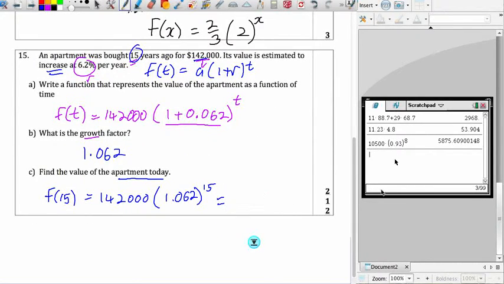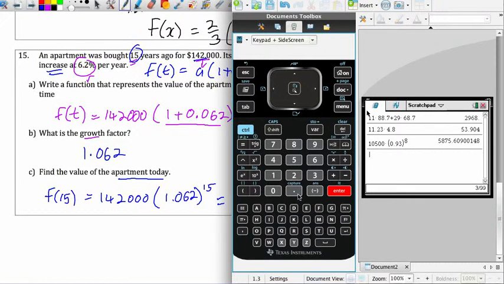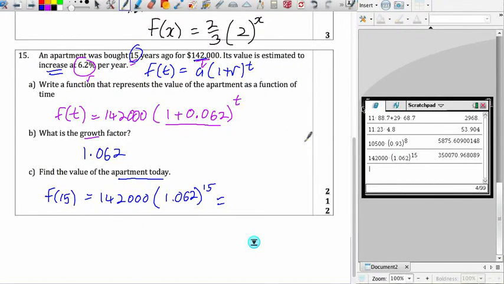And we'll type that into the calculator. 142,000 multiplied by 1.062 to the power of 15, and we have the value of the house: 350,070 and 97 cents. So 350,070.97, corrected to two decimal places.